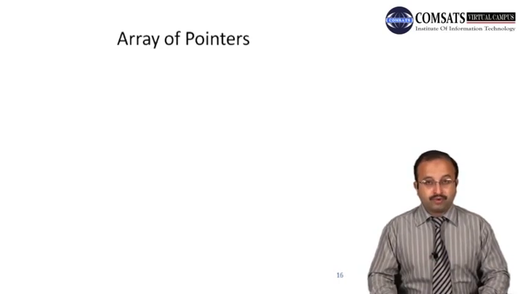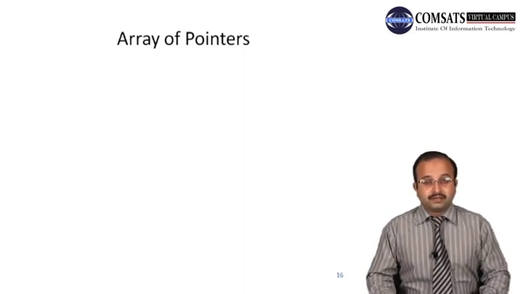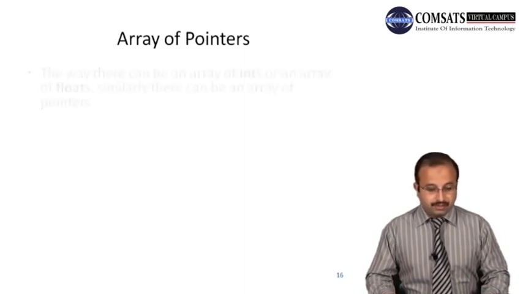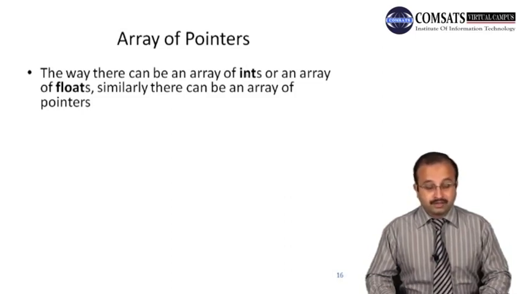Now coming to the array of pointers. An array of pointers is an array that contains a group of elements, and each element contains a memory address. The way there can be an array of ints or an array of floats or an array of characters, similarly there can be an array of pointers.